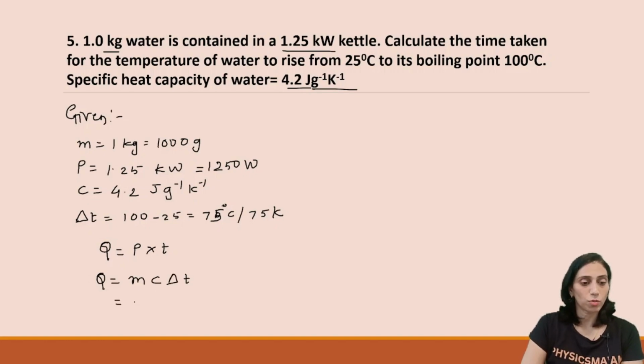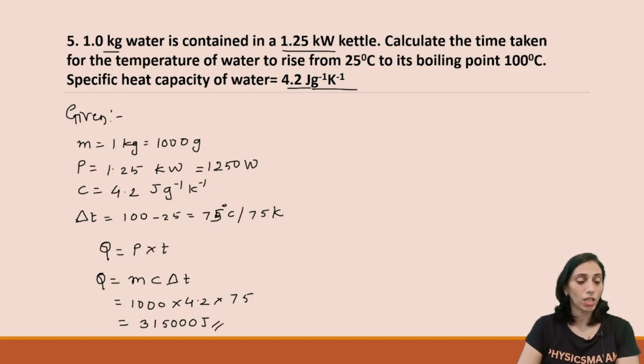Yes. So we have taken 1000 into C, which is 4.2, into 75. So we get the answer here as 315,000 joules. This will be the Q.